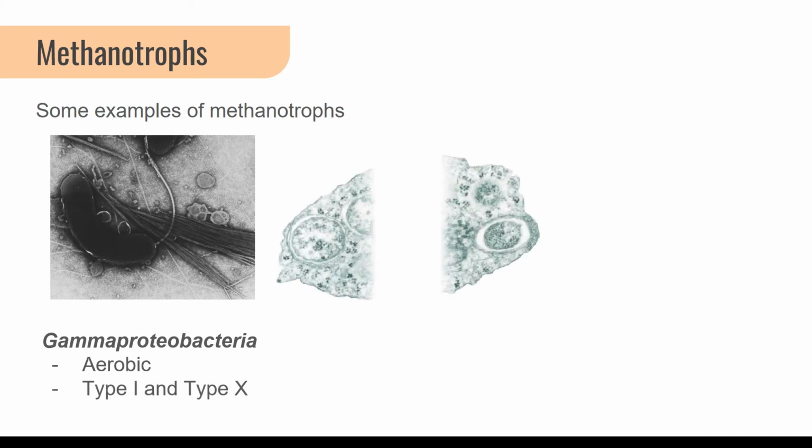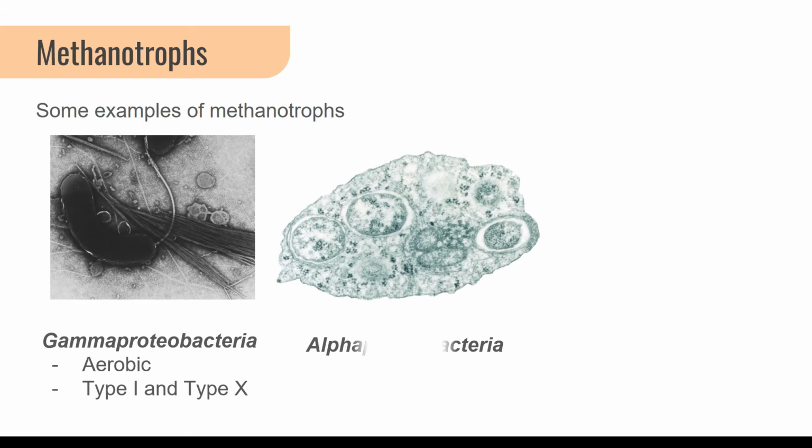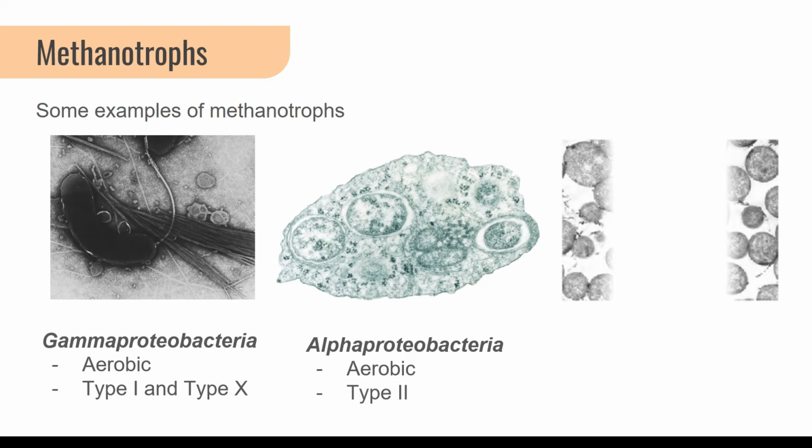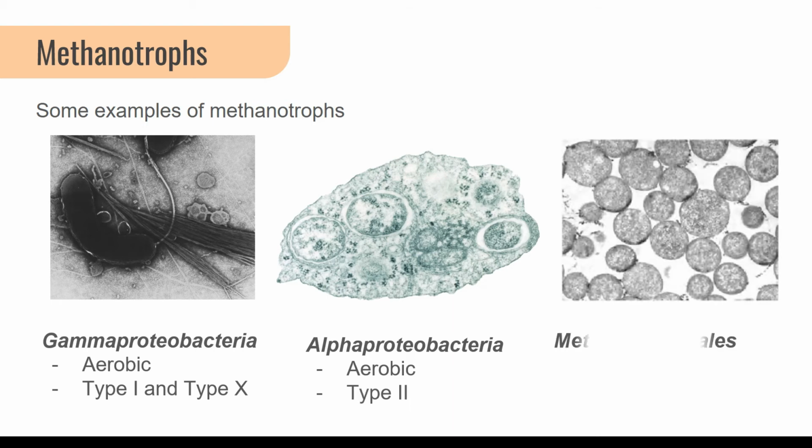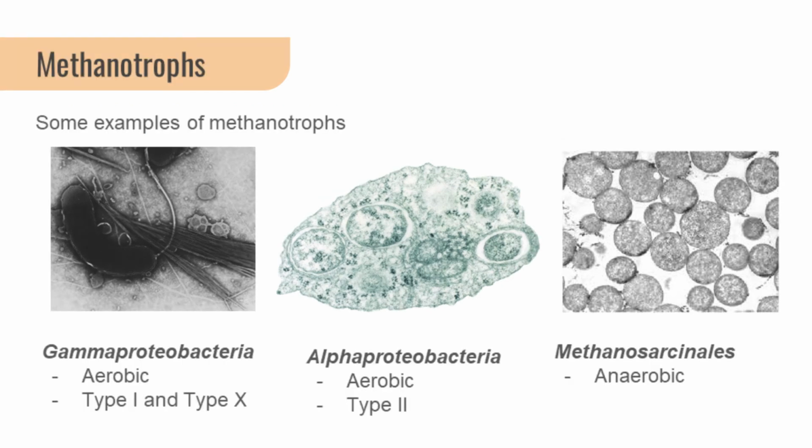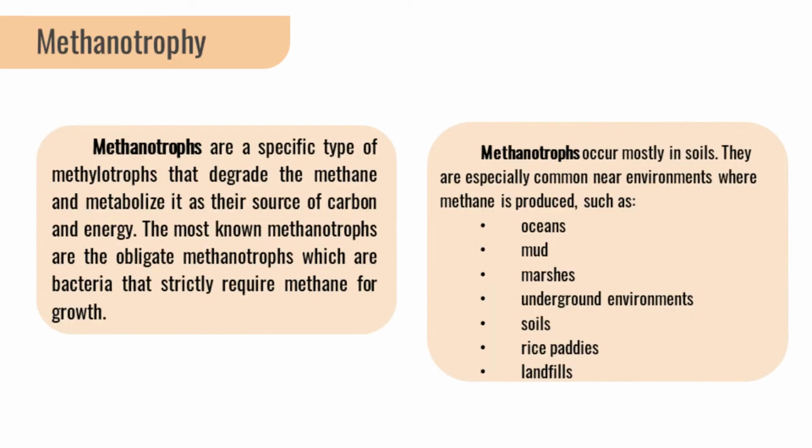Type 1 and Type X methanotrophs are part of the gamma proteobacteria, while Type 2 methanotrophs are part of the alpha proteobacteria. Under anaerobic conditions, methanotrophs use different electron acceptors for methane oxidation. This can happen in anaerobic habitats such as marine or lake sediments, oxygen minimum zones, anaerobic water columns, and rice paddies and soils. Some specific methanotrophs can reduce nitrate or nitrite and couple that to methane oxidation.